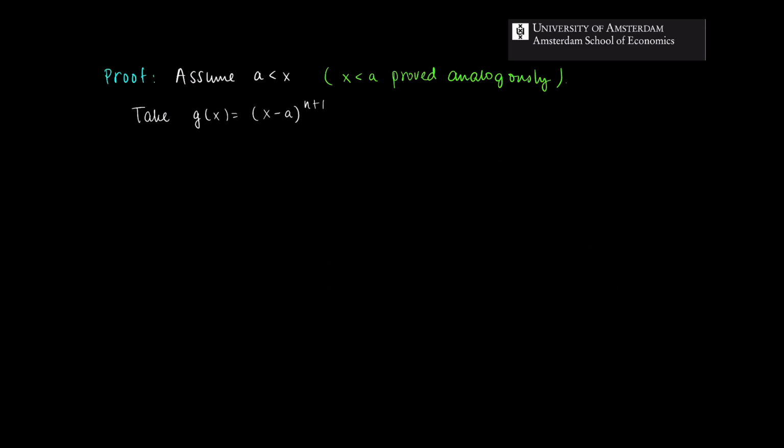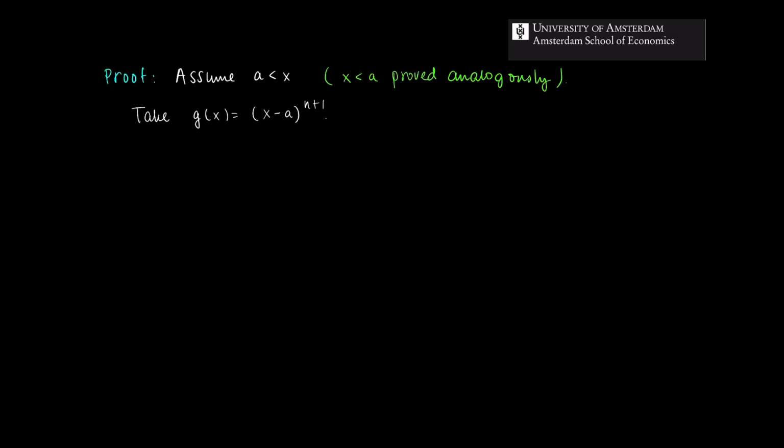So it's infinitely differentiable since it's just a polynomial. Also notice that on the open interval (a, x), the derivative of this function is unequal to 0. It is 0 only for the value x equals a.